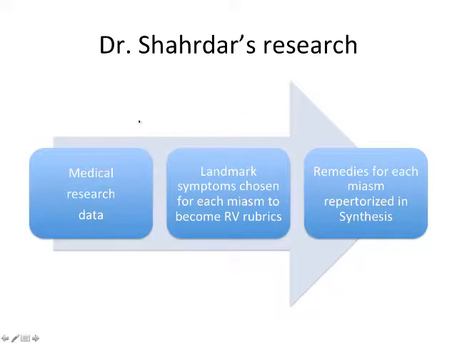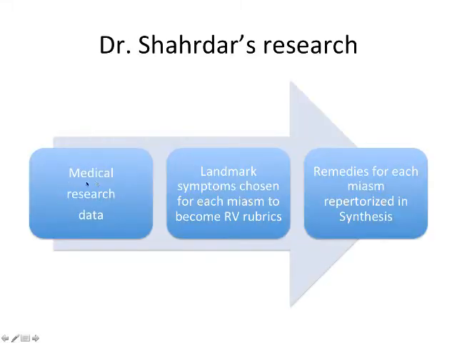So Dr. Shahrdar's research starts with the medical data. And landmark symptoms are chosen for each miasm. And these become the rubrics in the RV, in the Repertorium Virosum, okay, in Dr. Shahrdar's repertory. So that's why the landmark symptoms are very important.